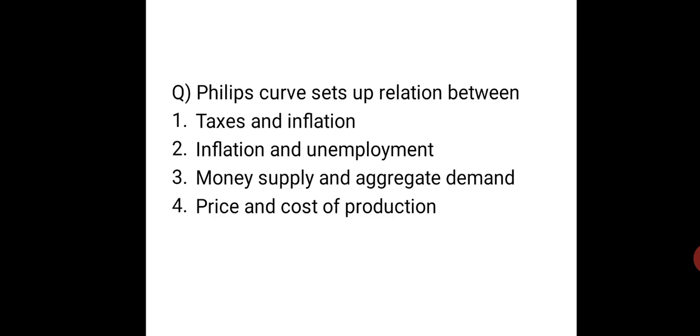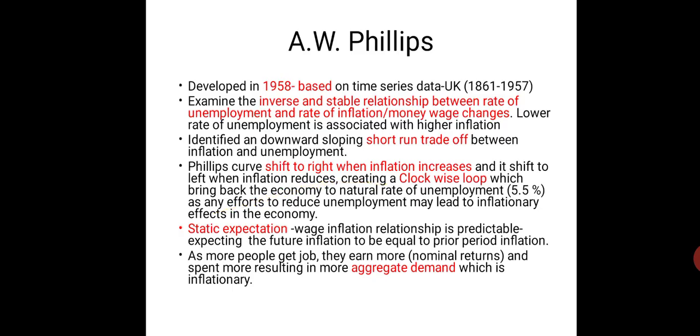So we know that when they just mention the Phillips curve, they are actually talking about the short-run Phillips curve, which was given by A.W. Phillips, developed in 1958, which gives an inverse and stable relationship between the rate of unemployment and the rate of inflation. When they started to establish the Phillips curve, they started off with an inverse relationship between the rate of unemployment and money wage rate changes.